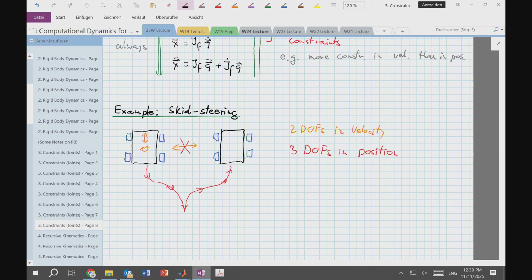And for dynamics, dealing with non-holonomic systems is actually quite simple.